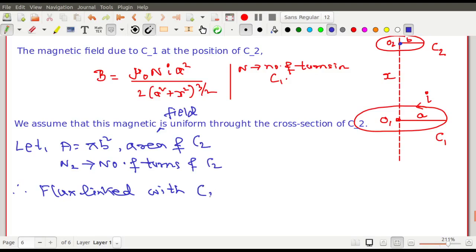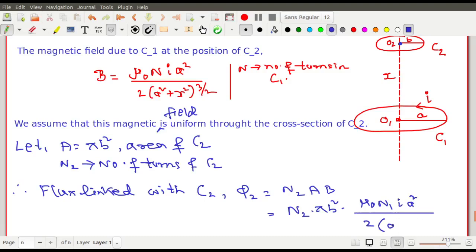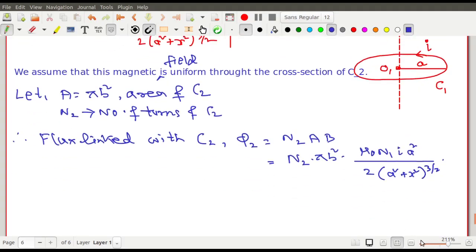The flux linked with C2, that will be phi 2, will be N2 A B. Let me put the expressions over here. For N2 I put N2, for A I put pi b square, and for B I put mu 0 N1 I a square divided by 2 times (a square plus x square) to the power of 3 by 2.